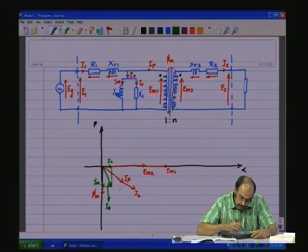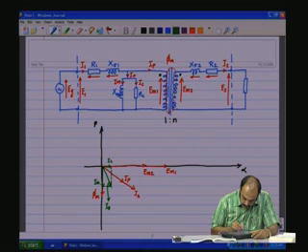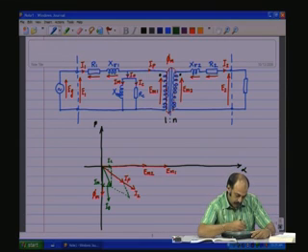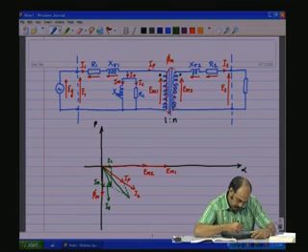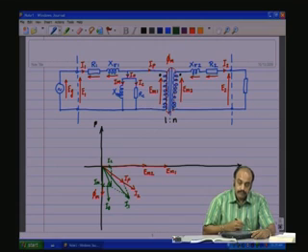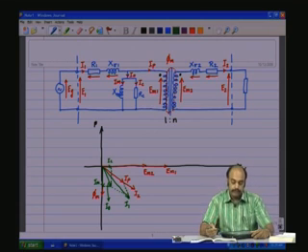So, let us draw the parallelogram, so this is I1, that is Ip plus I naught will be I1.